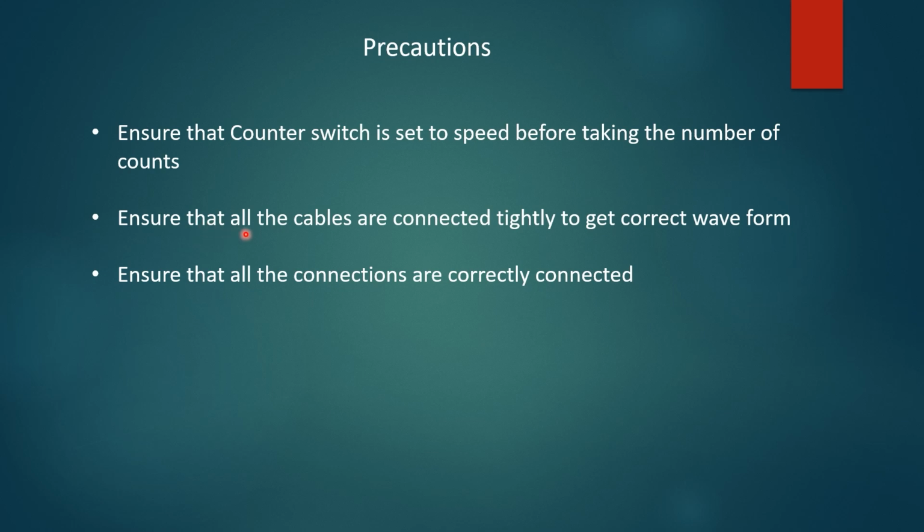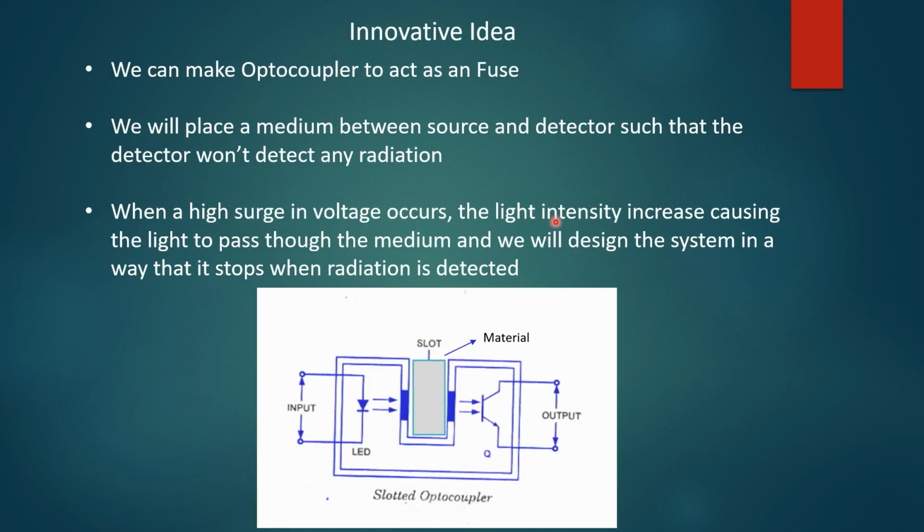Also ensure that all of the cables are connected tightly, mainly to the oscilloscope, as it is an important factor in getting accuracy. Also make sure that all of the connections in the speed measurement circuit are correct so that we get accurate results.